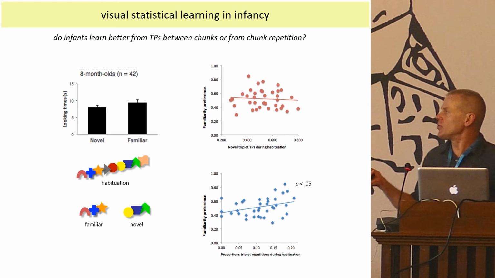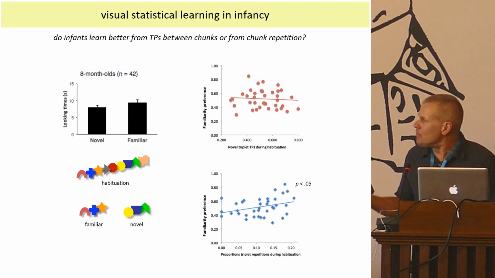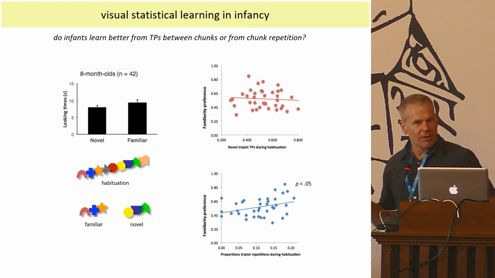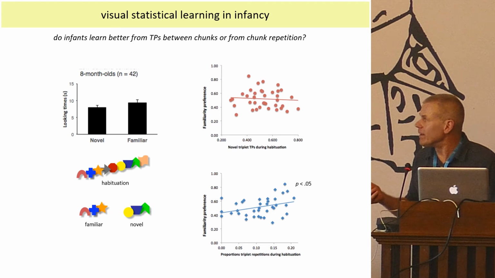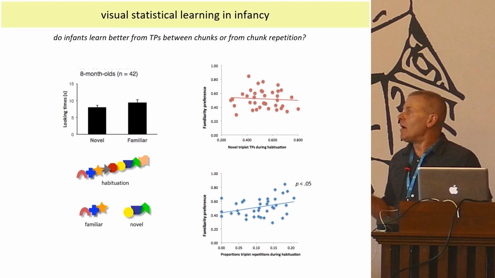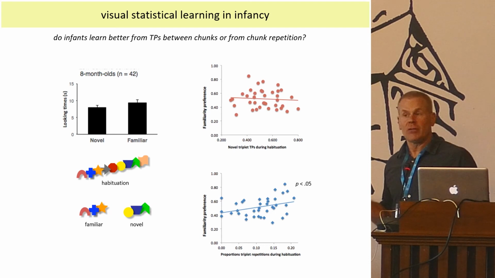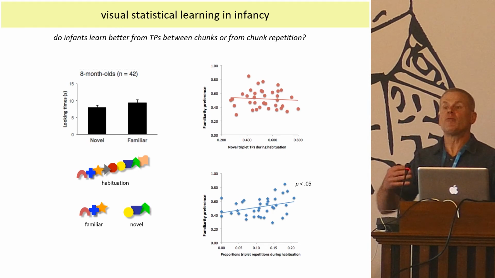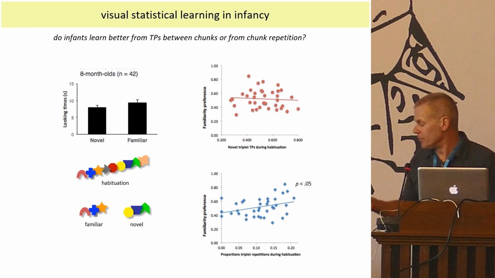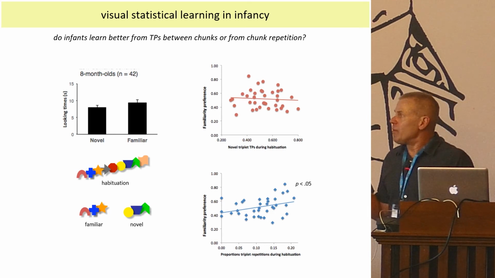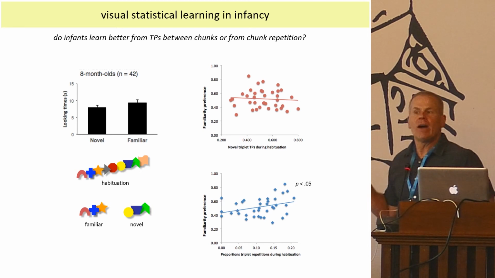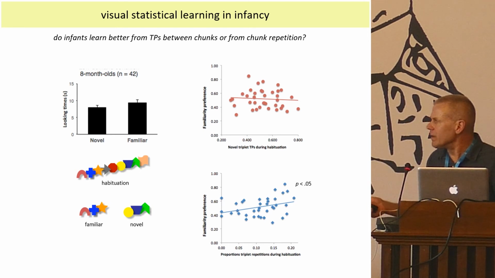There was a big range. So the question is, did the babies capitalize on these differences in transitional probabilities, such that the part pairs with particularly low transitional probabilities would be the ones most easily recognized as novel? So there should be a novelty preference for these things down here, and you can see there isn't. The babies made no use whatsoever of transitional probabilities in that study.